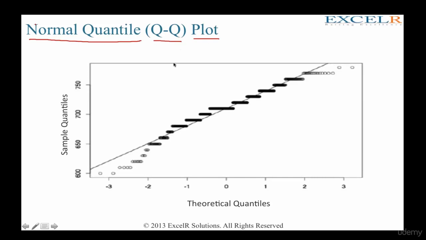It is called quantile for a reason, because here also you have quantiles. On the y-axis you have the random variables, that is the GMAT scores, and on the x-axis you have the corresponding standardized values. For example, if you have 600 as your GMAT score, then the standardized value would be z is equal to x minus mu upon standard deviation.